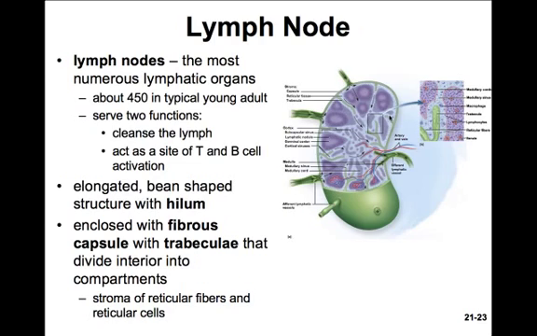Lymph nodes have sort of an elongated bean-shaped structure, often with a hilum, this area right here, an indentation on one side. It's enclosed in a fibrous capsule that also has trabeculae that divide the interior into compartments. The stroma, or the connective tissue of the lymph node, is primarily composed of reticular fibers and reticular cells.